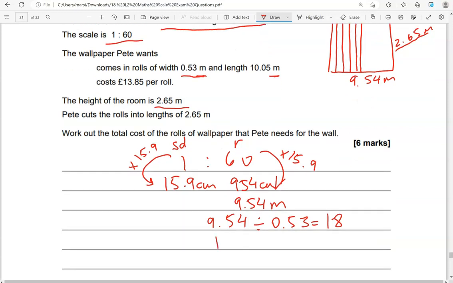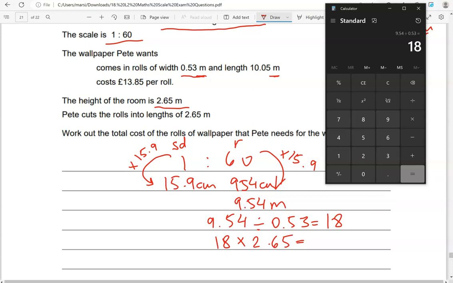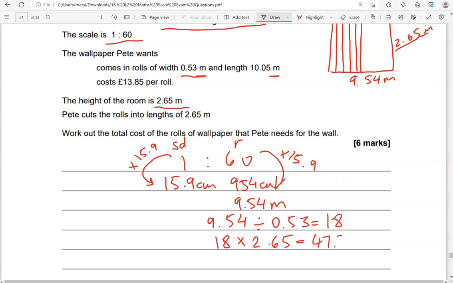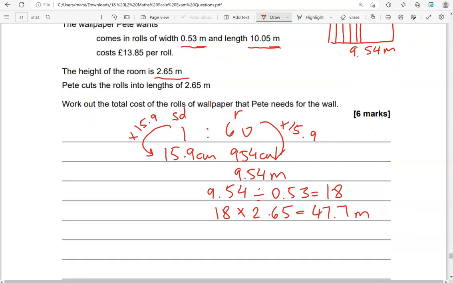So if we do 18 times 2.65 should give us the overall length, which is 47.7 meters. Each roll is 10.05 meters long, so we're going to do 47.7 divided by 10.05 to work out the number of rolls needed.